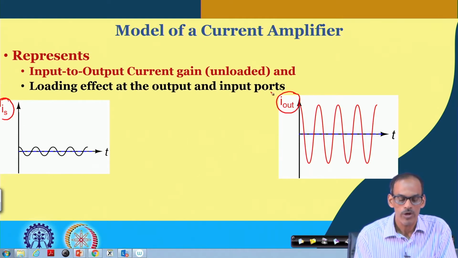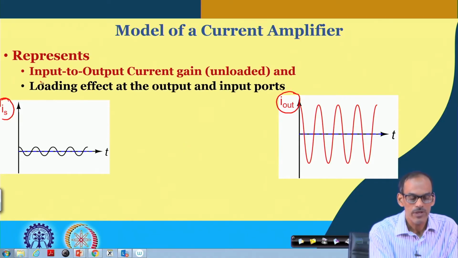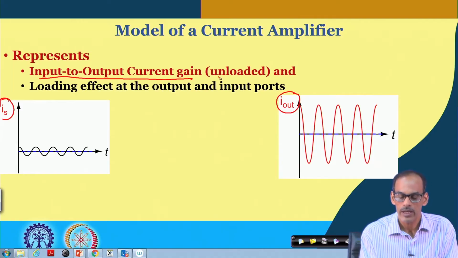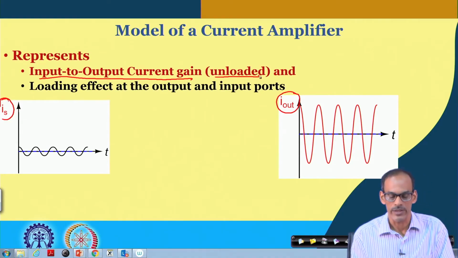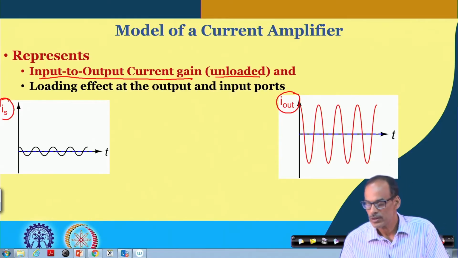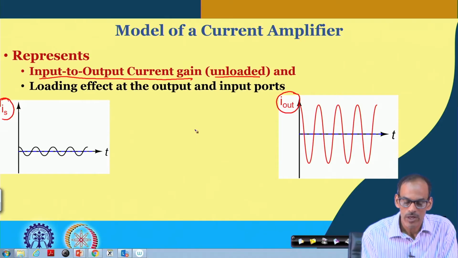The model we discuss must have an input to output current gain, and it should be the unloaded current gain. So, the first element of the model is a current dependent current source.